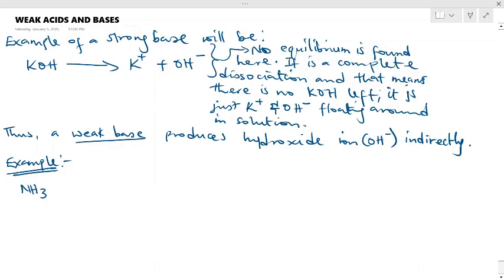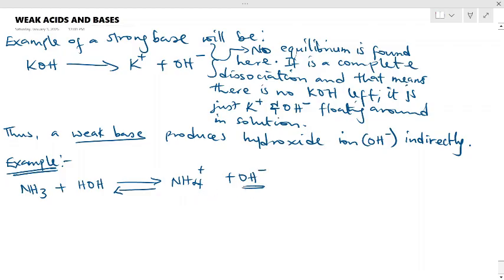Ammonia, when put into water, note that water here is acting as an acid, and I've written it as HOH, the same thing as H2O. So it's reacting as water. When that reacts, you have the forward and the backward reaction, and what you have is ammonium ion and OH minus.